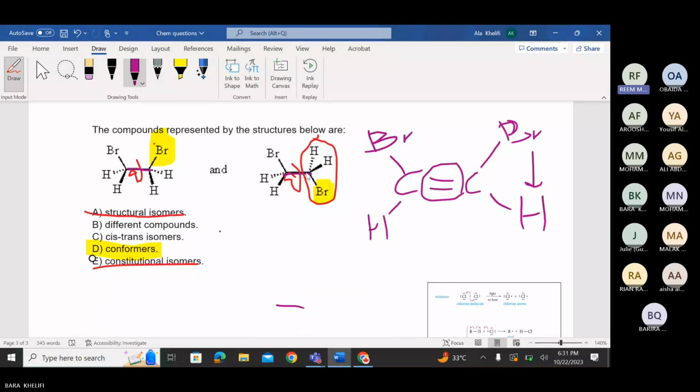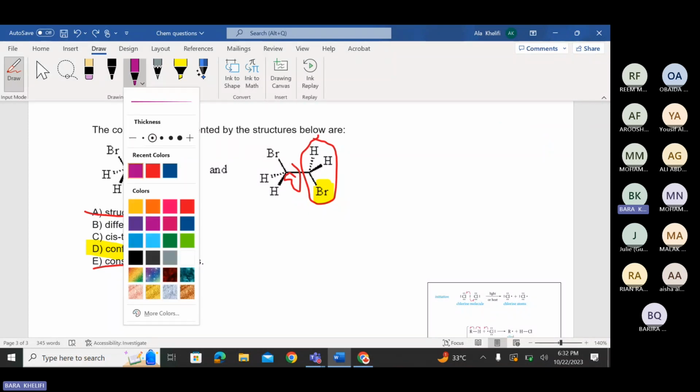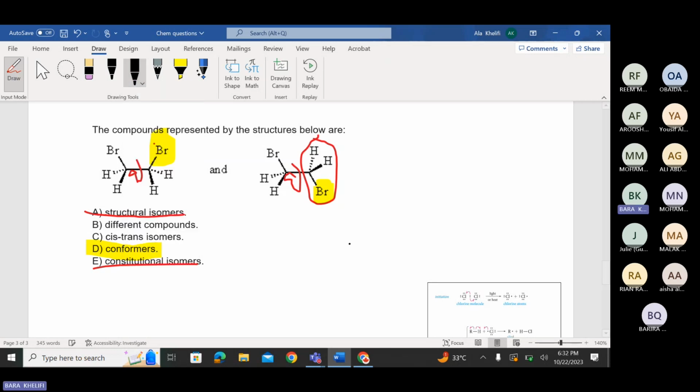Usually it's just conformer, but sometimes what they like to do in midterms and big exams like finals is, let's say you have a sawhorse projection, but instead of the Br being on this molecule, we would have it here, and here would be an H. So that would make it a structural isomer, because now we differ in molecule.